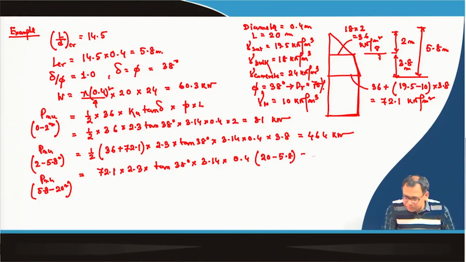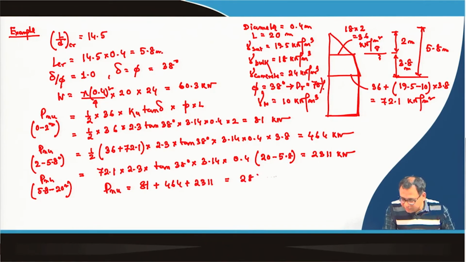So, this value is 2311 kilonewton. So, total P net ultimate will be 81 plus 464 plus 2311. So, this will be 2856 kilonewton.